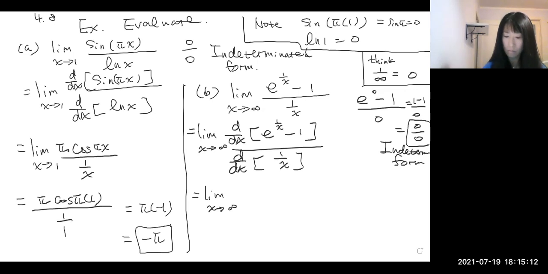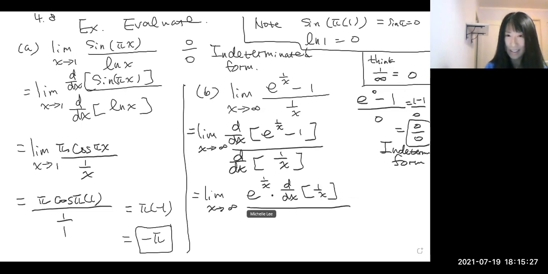I think it's just e to the 1 over x. E to the 1 over x. Then Chandler, don't forget Chandler. Okay, thank you.